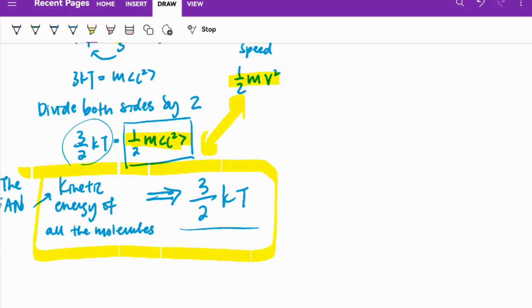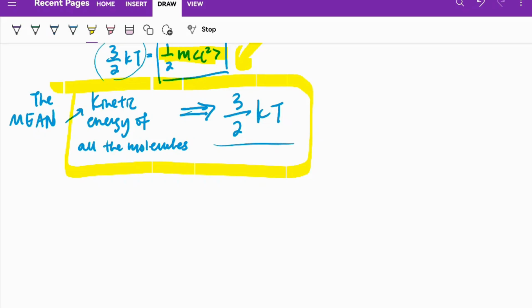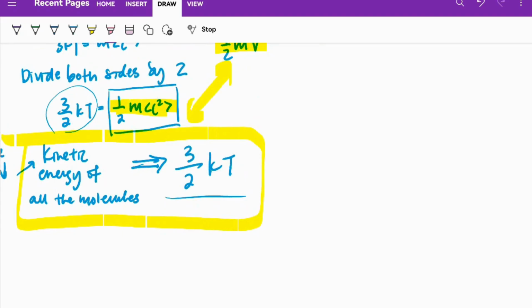Okay, now what if they ask for total kinetic energy? This is the mean kinetic energy of all the molecules, but in other words, this is actually for one molecule only. Why? Because you see this mass here, this mass is the mass of one molecule. So this is the kinetic energy for one molecule.